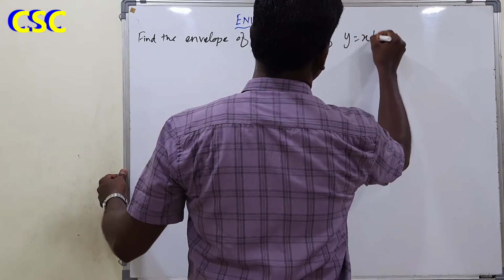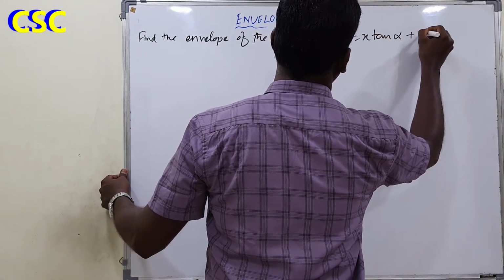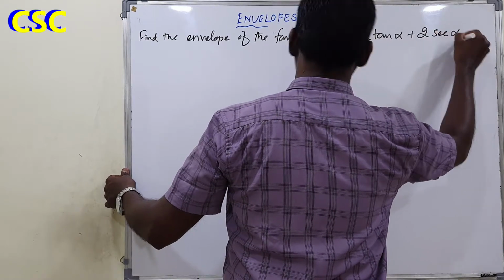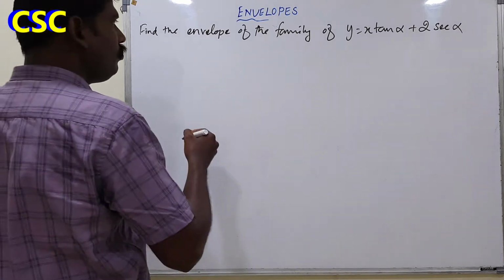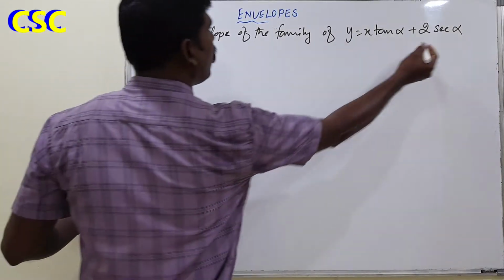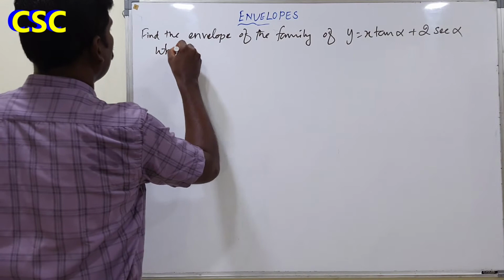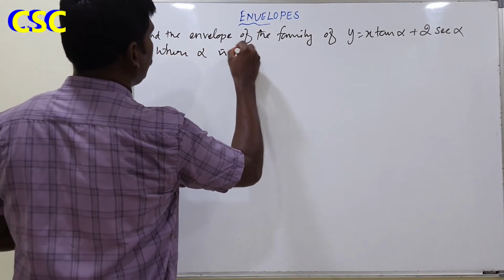Y equal to x tan alpha plus 2 into secant alpha, isn't it? Right. Where alpha is the parameter.